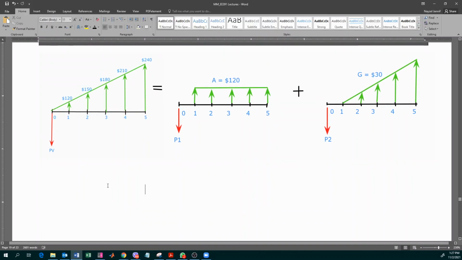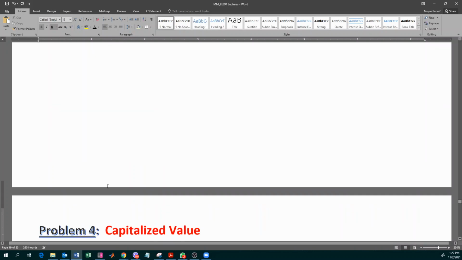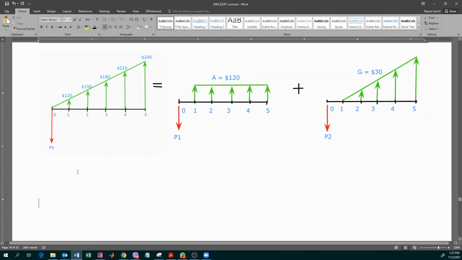So in the end, in order to find P, the present value in this case, we find that we have to do P1 plus P2. All right. Okay. So we have to split it. Now let's go ahead and calculate P1.